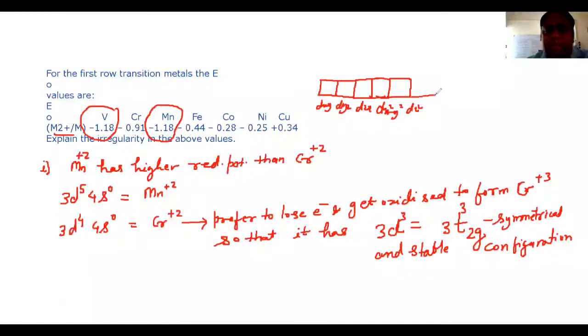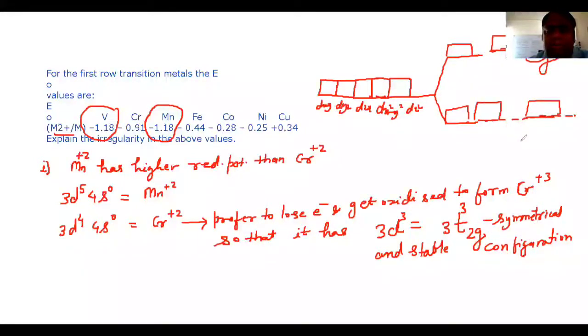It splits into two parts. The upper set is called Eg and the lower is called T2g in tetrahedral molecules. It can reverse also in some cases.